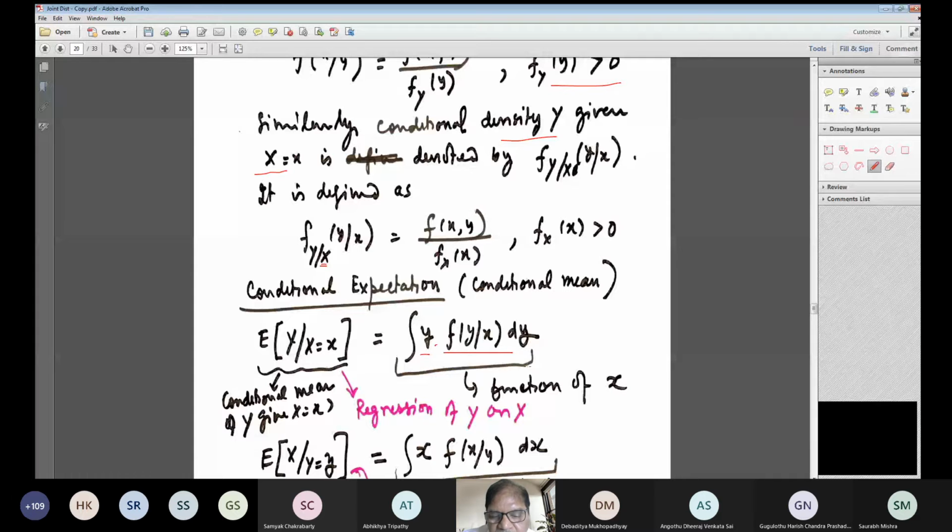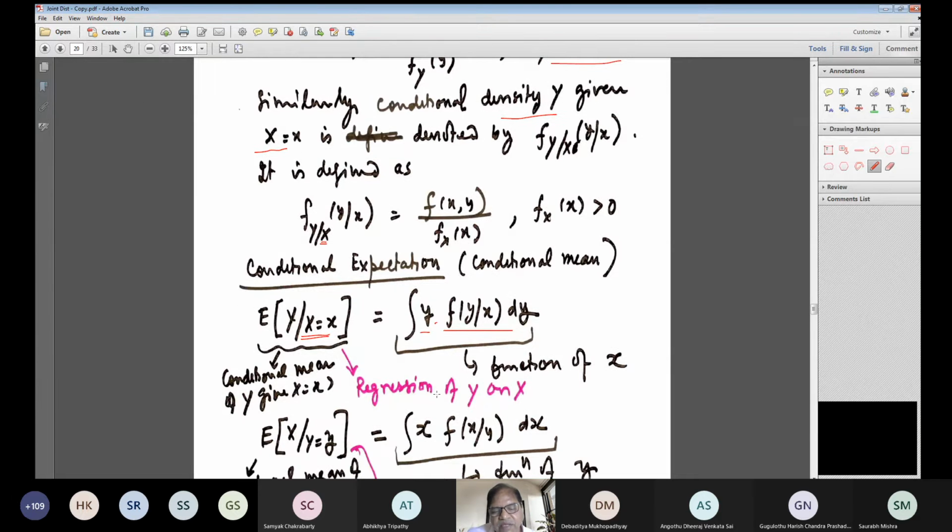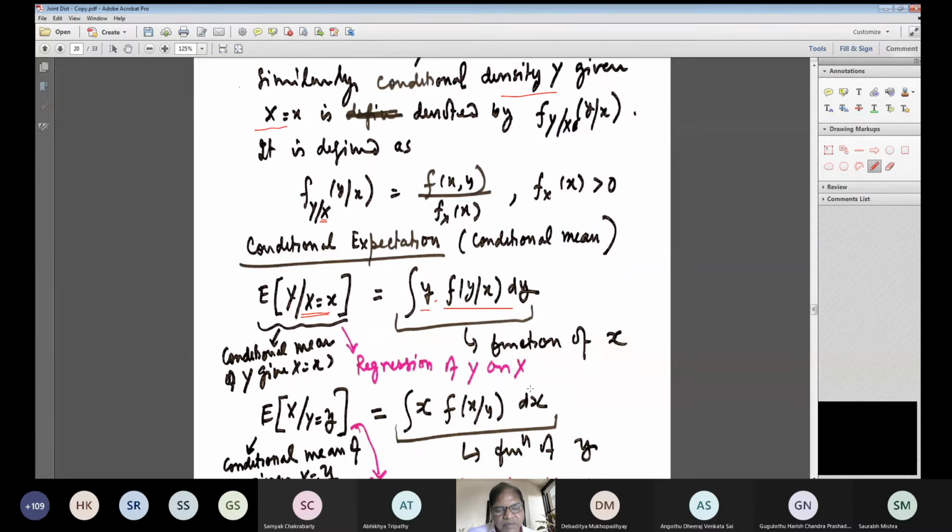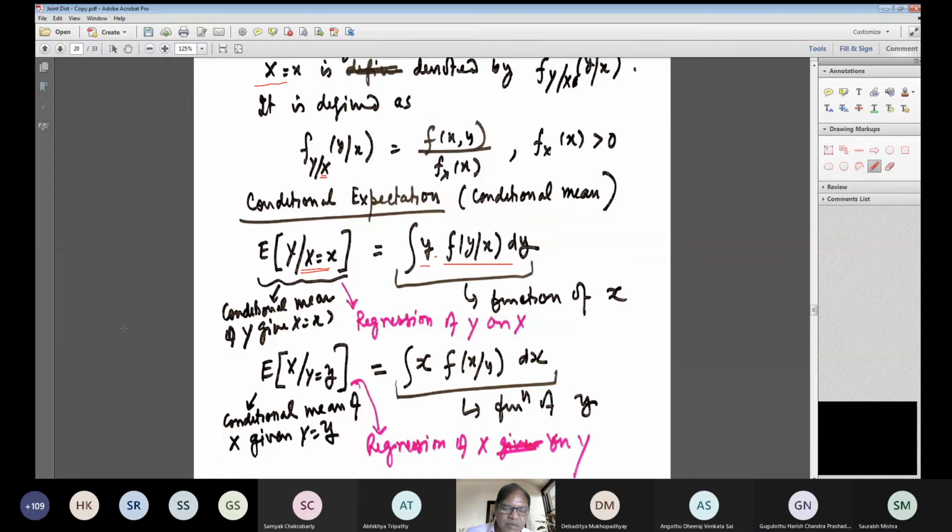When you simplify, it will be a function of x, because this is the variable which is used as the conditional. Conditional means given. So the expected value of y given x equal to x will be a function of x, and it is known as the regression of y on x. And this quantity is known as the conditional mean. Conditional expectation means conditional mean.